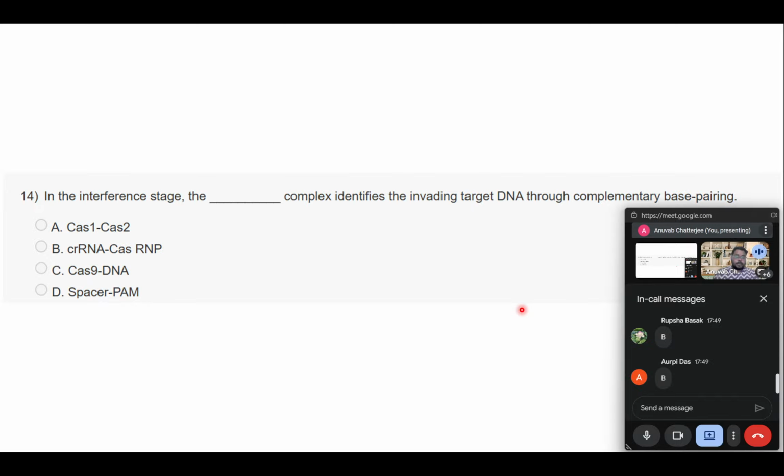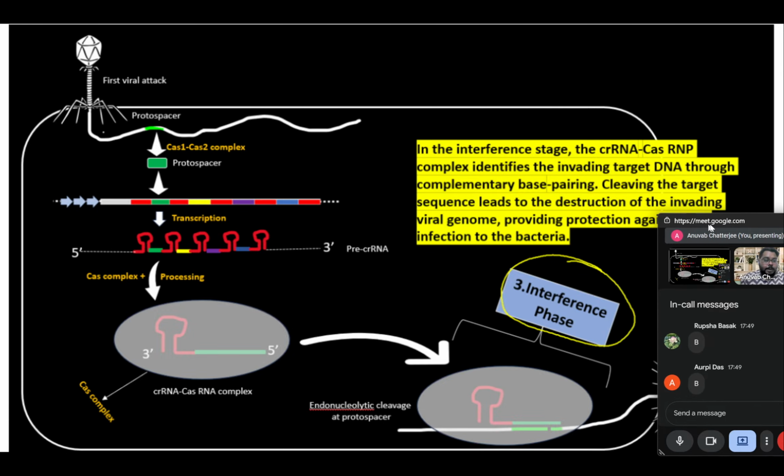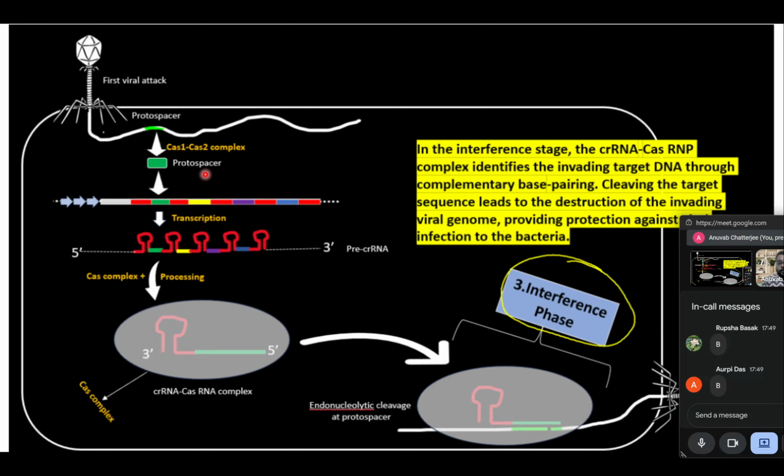Okay, so let us look at it. So once the Cas1 and 2 have integrated the protospacer in the CRISPR array, the next step starts, which is the interference phase, involving the CRISPR RNA. What happens in between is that the entire CRISPR array gets transcribed and forms these loop-like structures.